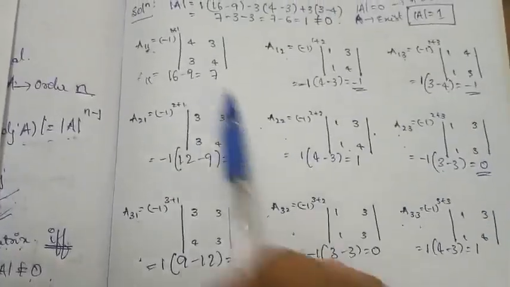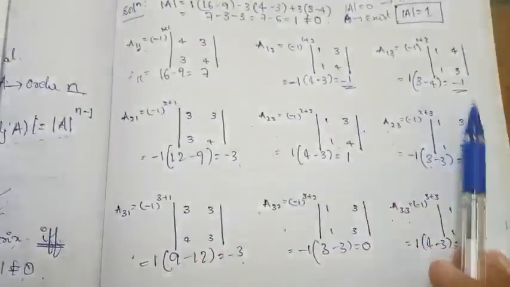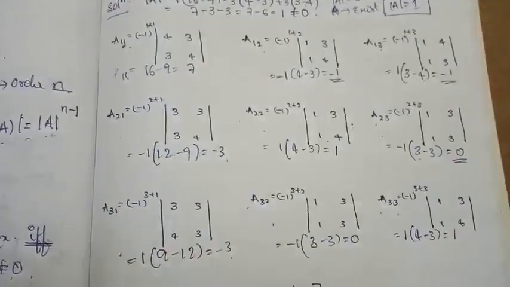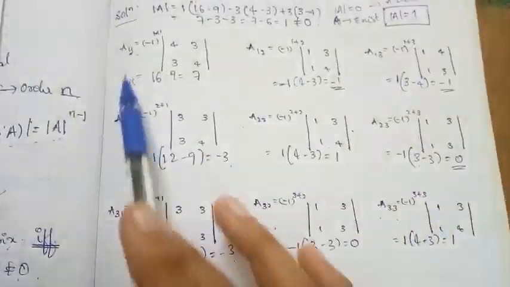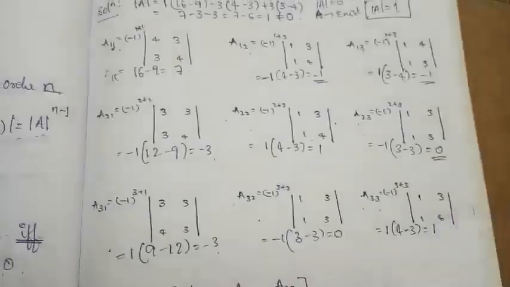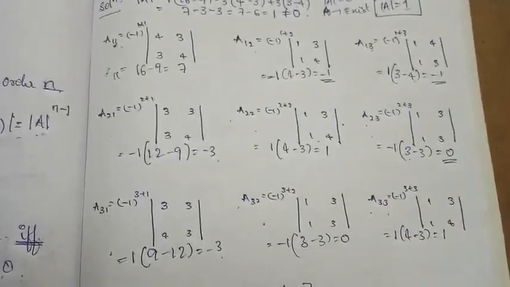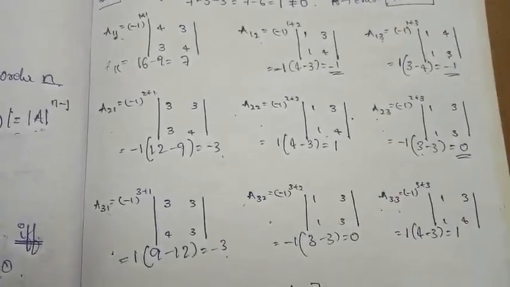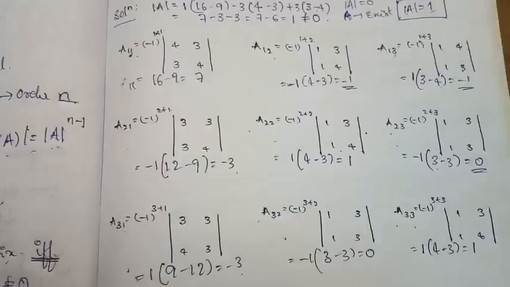Here you can see there are 3 elements in the first row, 3 in the second row, 3 in the third row. If you get confused, it is better to write in this manner.